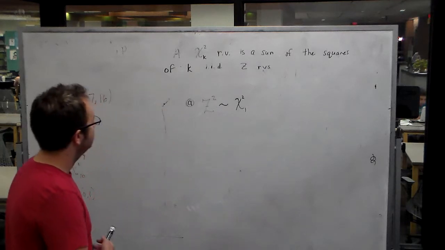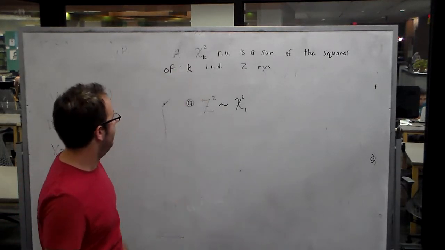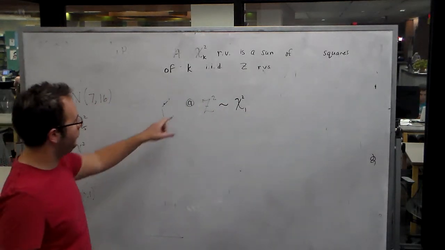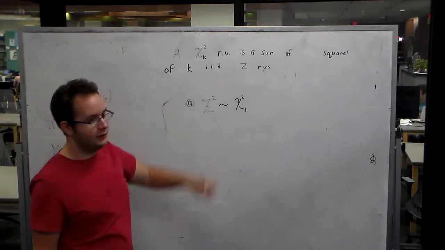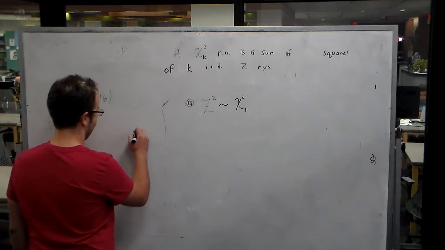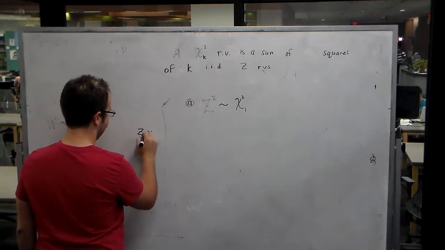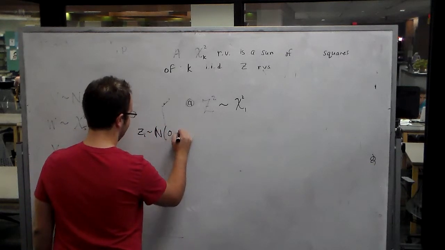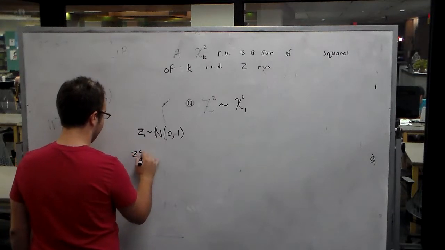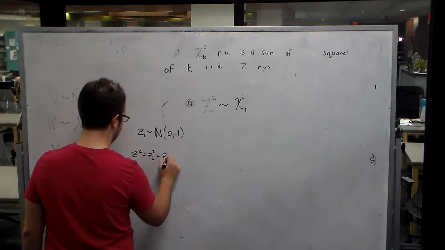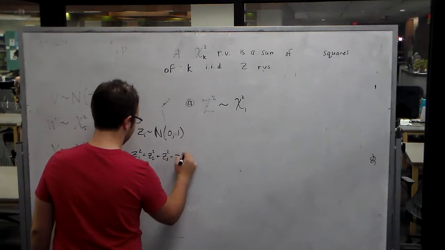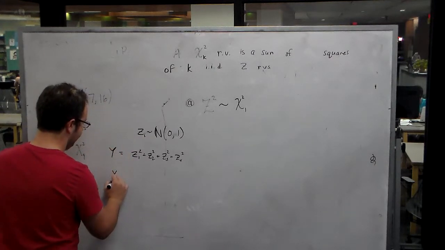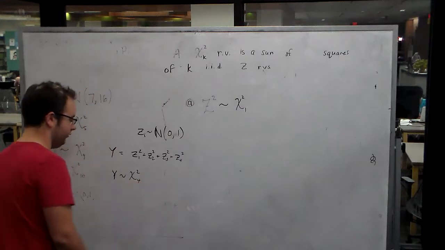Could you explain that definition again a bit? Sure. A chi-square random variable is a sum of squares of k independent, identically distributed variables. IID just means independent and identically distributed. So if we had Zi distributed normally with mean 0, the standard normal, and we did Z1 squared plus Z2 squared plus Z3 squared plus Z4 squared, let's call this Y. Then Y would have the chi-square distribution with 4 degrees of freedom.